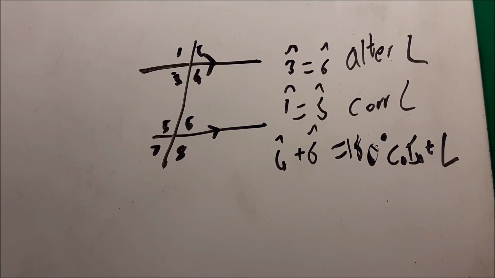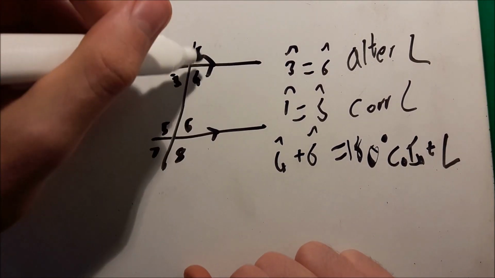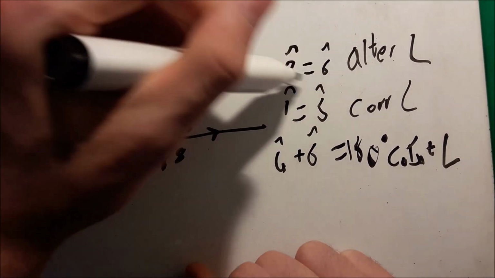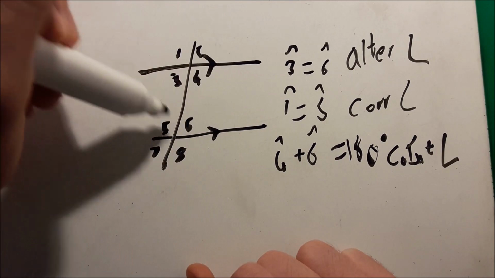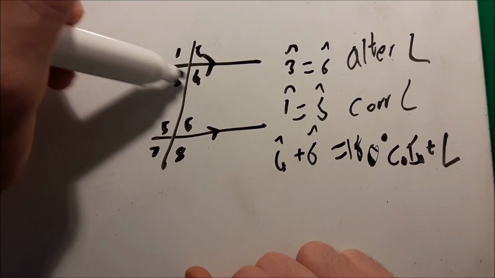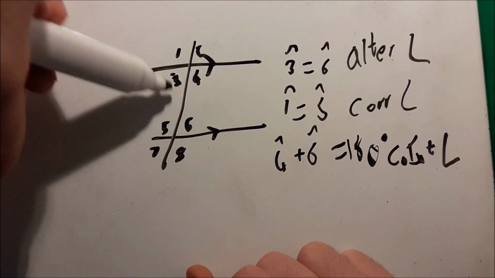The reason is that we said angle 6 is equal to angle 3, and if this is a straight line, then 3 and 4 add up to 180.